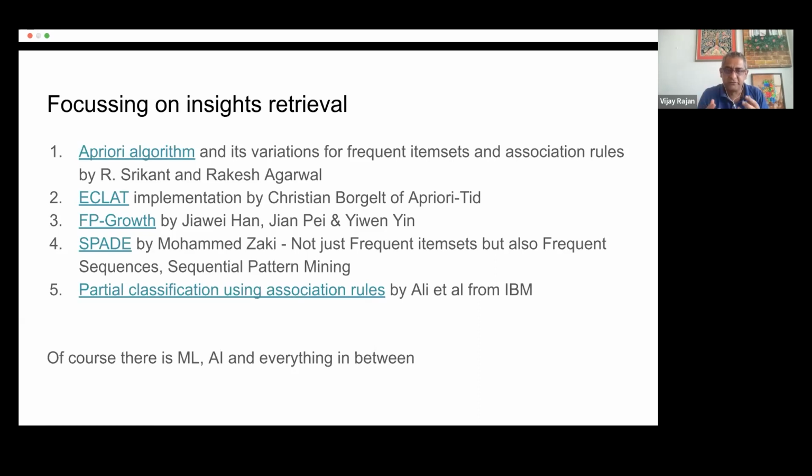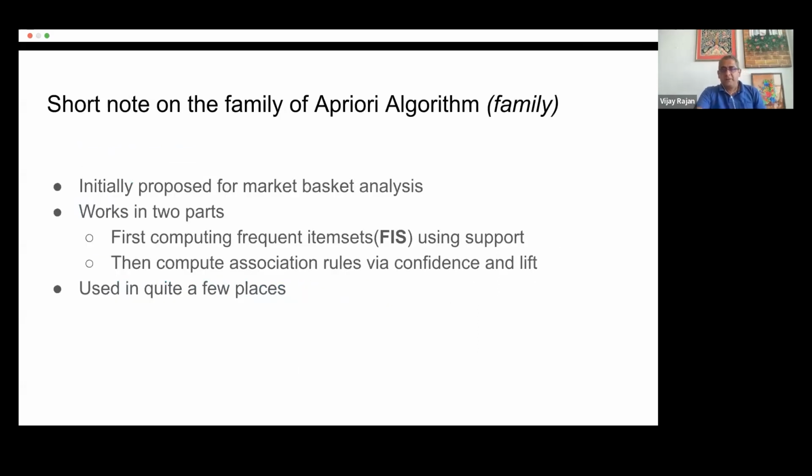It's basically using association rules for building partial classifiers, which are empirical in nature, as in this is what happened, right?